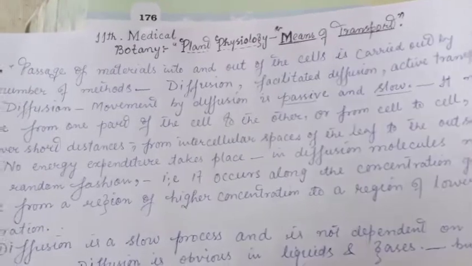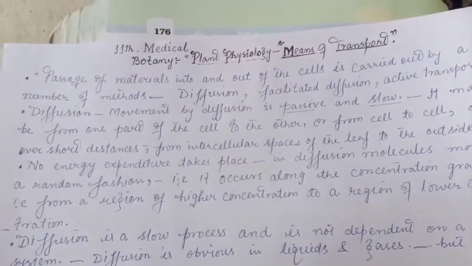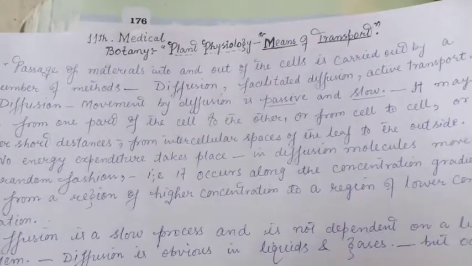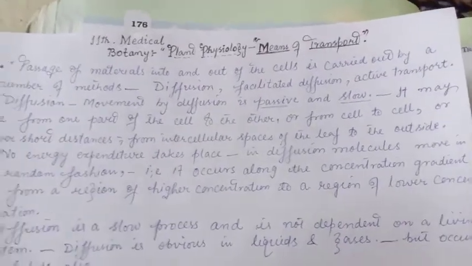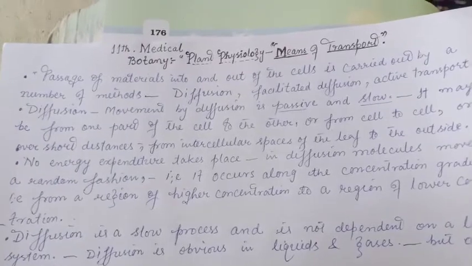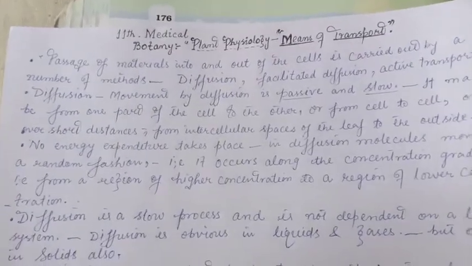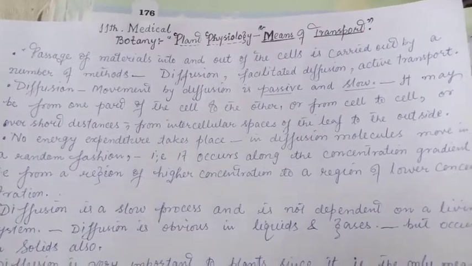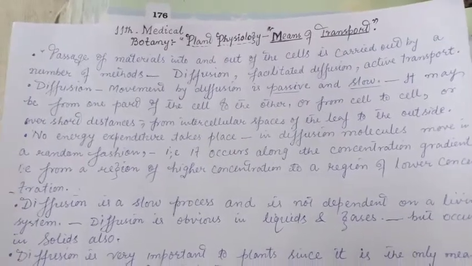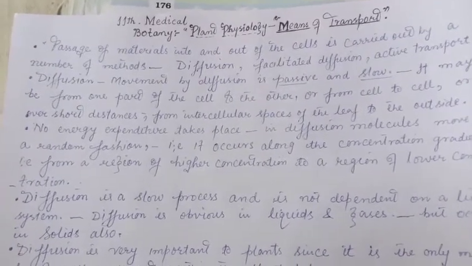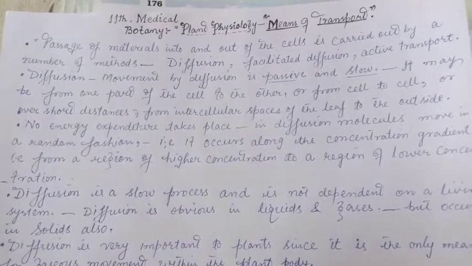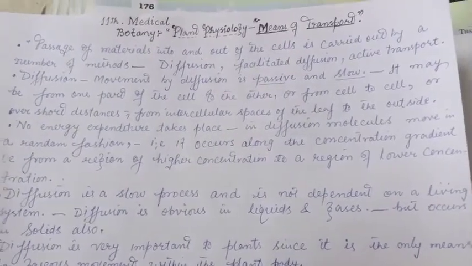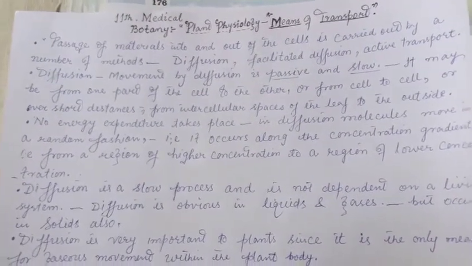No energy expenditure takes place while diffusion is in progress, and in diffusion molecules move in a random fashion. It occurs along the concentration gradient, that is, from a region of high concentration to a region of lower concentration. Diffusion is a slow process and is not dependent on a living system.